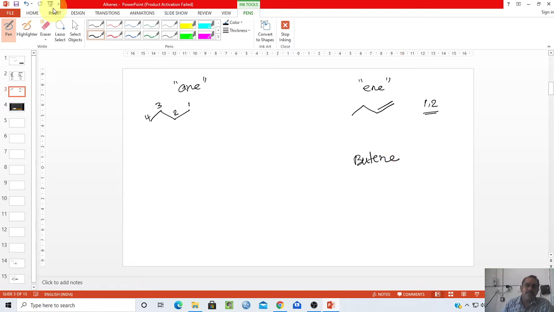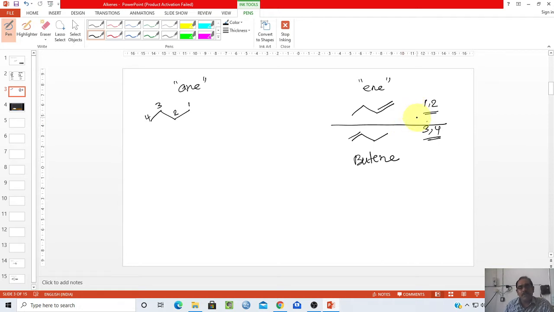Otherwise, if the hydrogens are removed from the third and fourth carbon, not from the first and second, you can have it like this. If you see these two products, both are the same, just inverted.